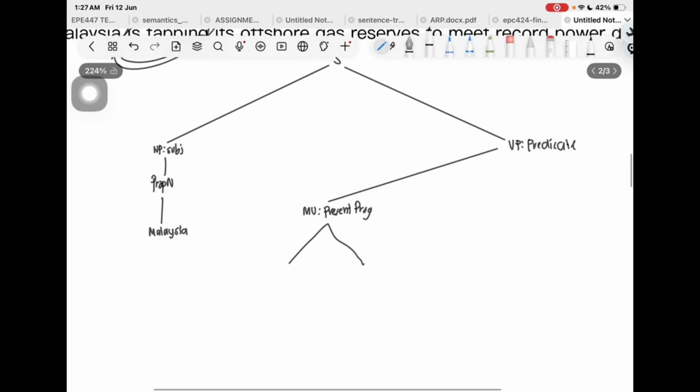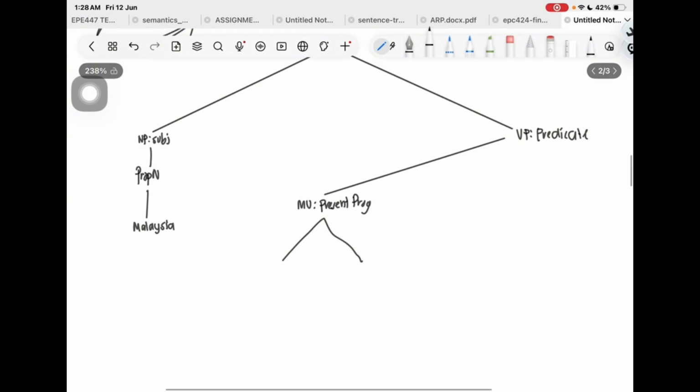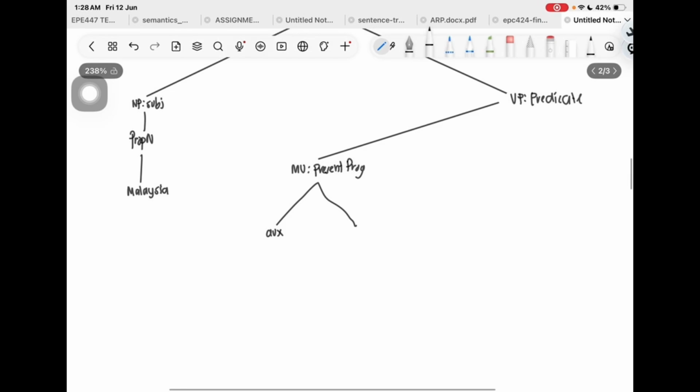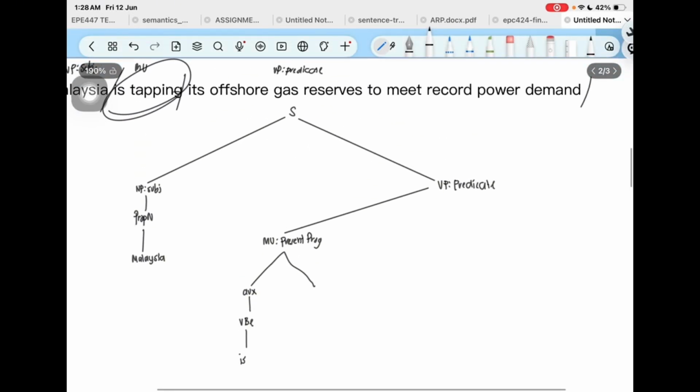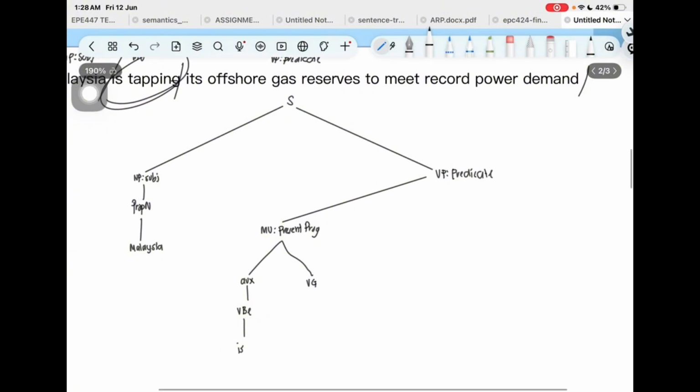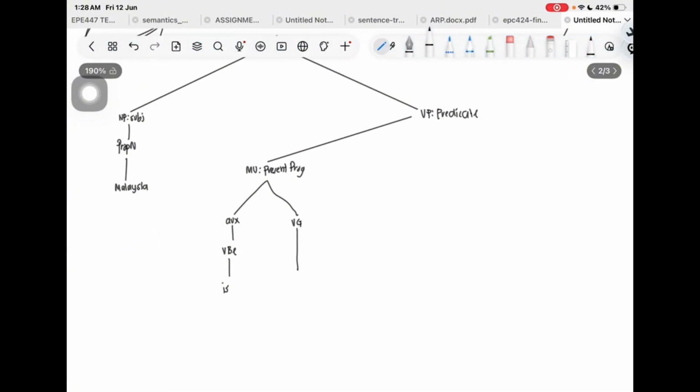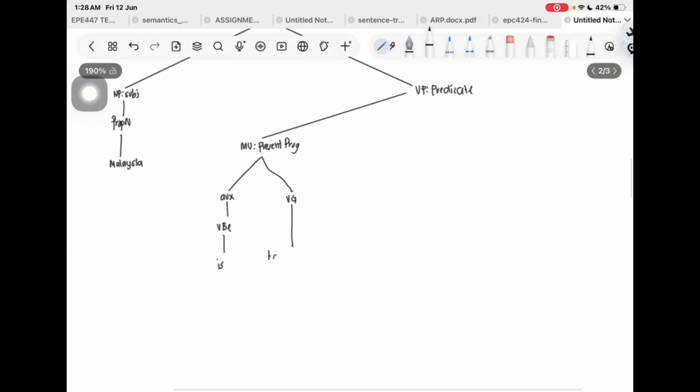The first one is going to be auxiliary, which is auxiliary verb be, is, and then right here we're going to have VG, which contains the word tapping.